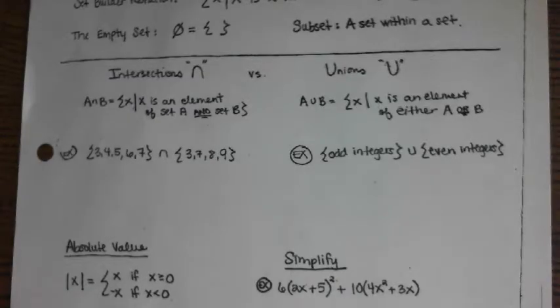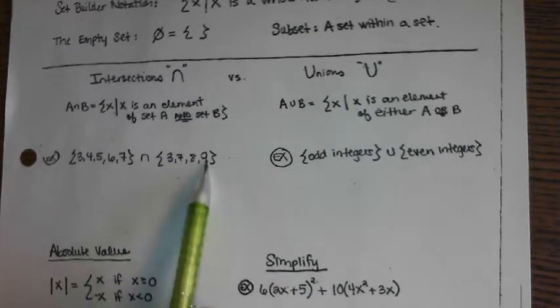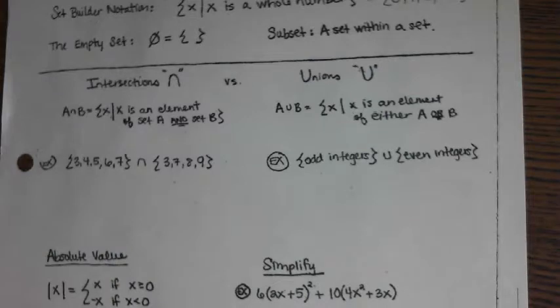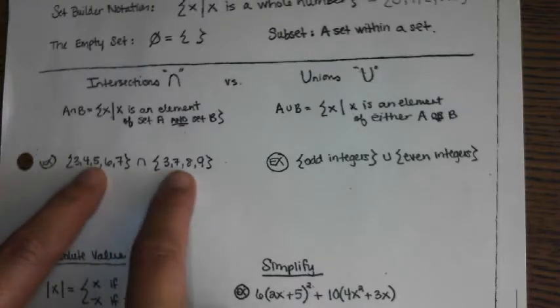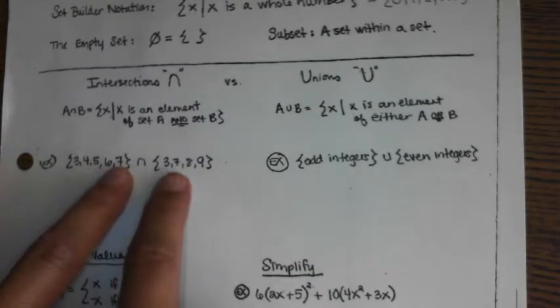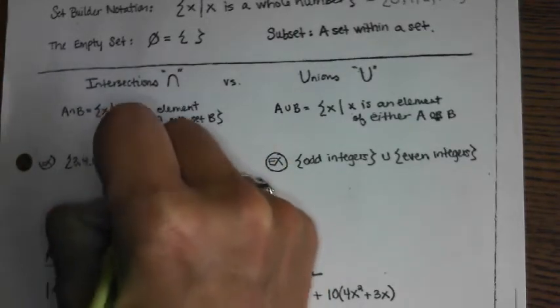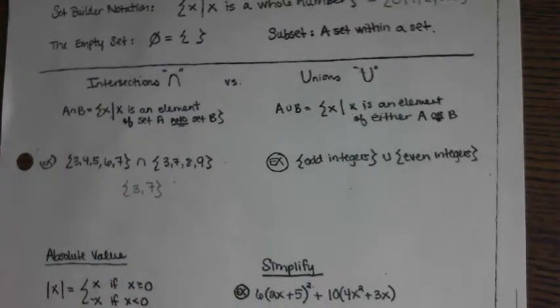I can actually quantify that there are 5 elements in that set. So with this finite set of 5 elements and this finite set of 4 elements, we're looking for where there is an intersection, or where they have a commonality. So definitely a 3, not a 4, not a 5, not a 6, but again a 7. So the intersection of this is the finite set of just 3 and 7.